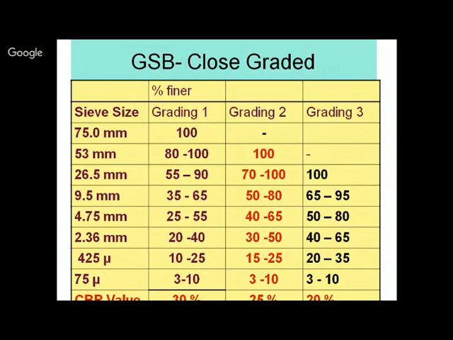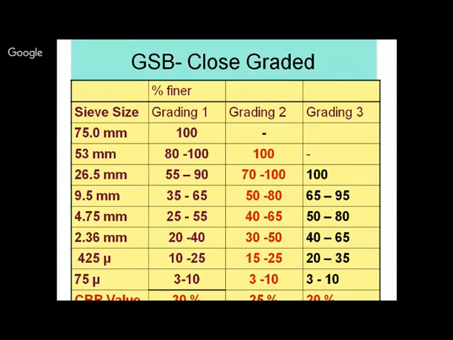So there should be even 3 to 10% of the material finer than 75 micron. 75 micron is 0.075 mm, which is one thousandth of 75 mm. So you are going to have a particle range from smallest to largest which is 1,000 times in size. Such a wide variety of particle sizes results in a very dense mass.